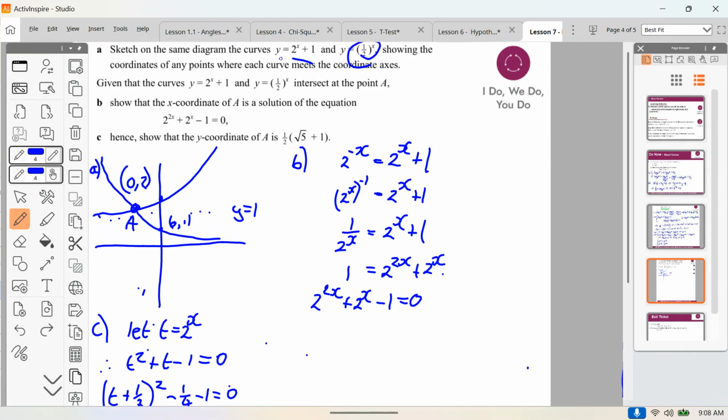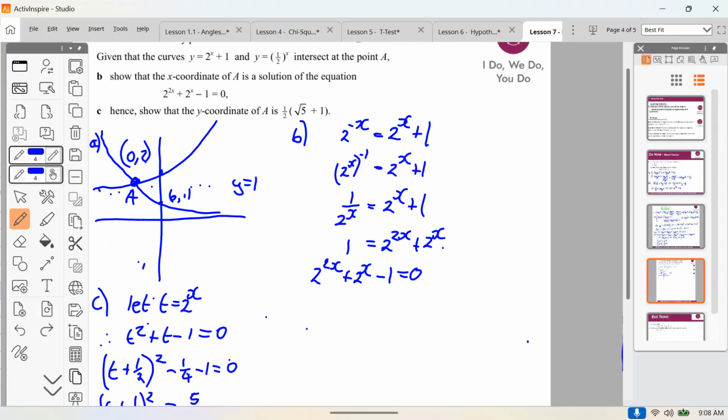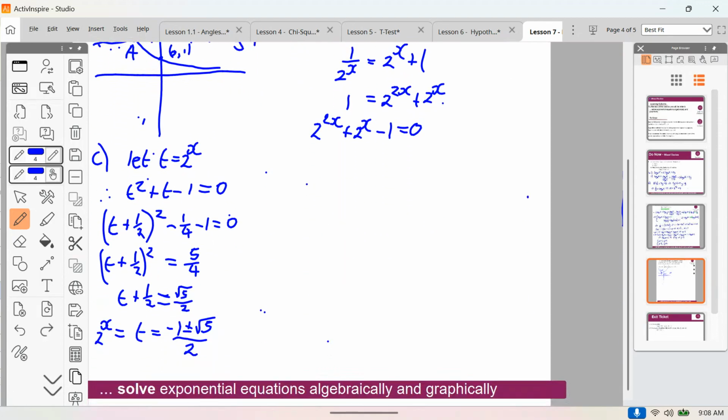So using this equation here, which has a 2 to the x in it, it's 2 to the x plus 1. So y is equal to 2 to the x plus 1. So y is equal to minus 1 plus or minus root 5 over 2 plus 2 over 2. So add the 2 to this, and we're going to get a plus 1.